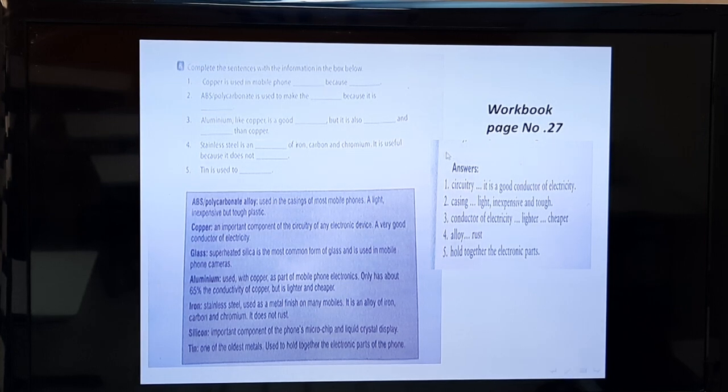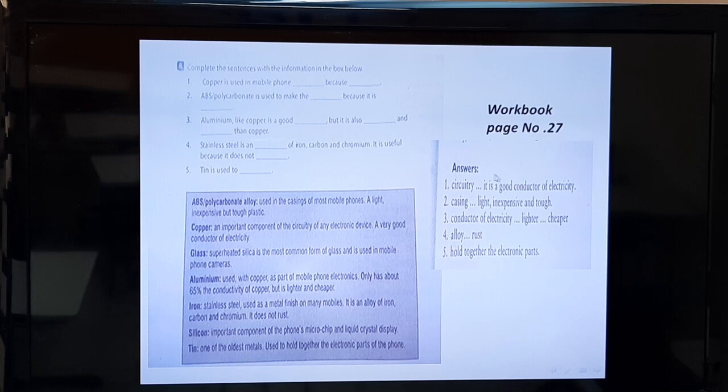Copper is used in a mobile phone. This is number 1. Why do we use copper in a mobile phone?